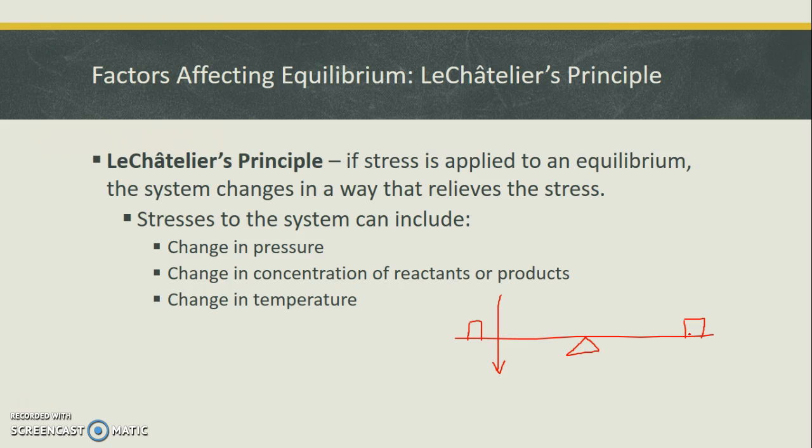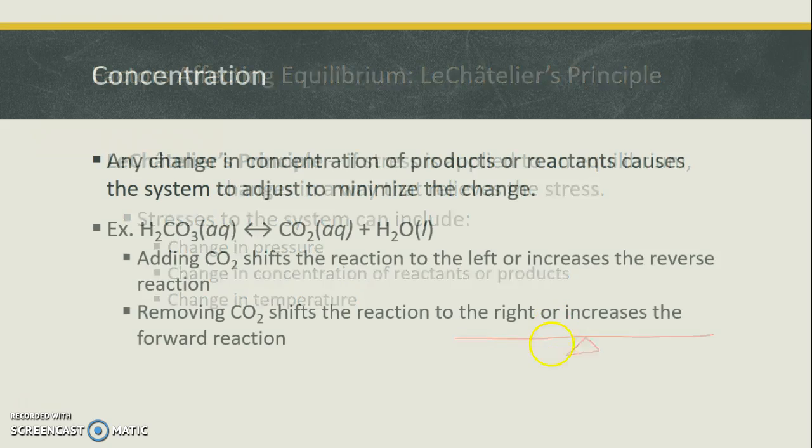And we can look at reactions that way. If we think of it as the left side and the right side, if you do something to it, like change the pressure, change the concentration, or change the temperature, it's like unbalancing the seesaw. And what the reaction is going to have to do is get itself back in balance. Now, how we look at that is a little more complicated.